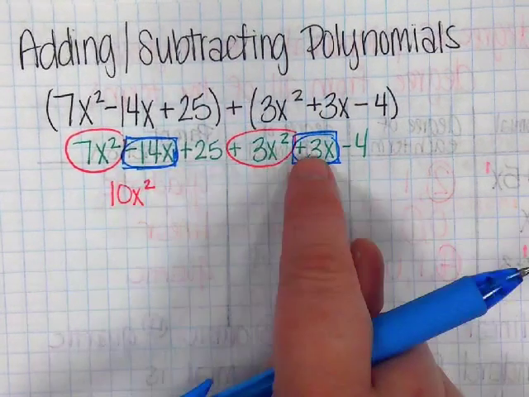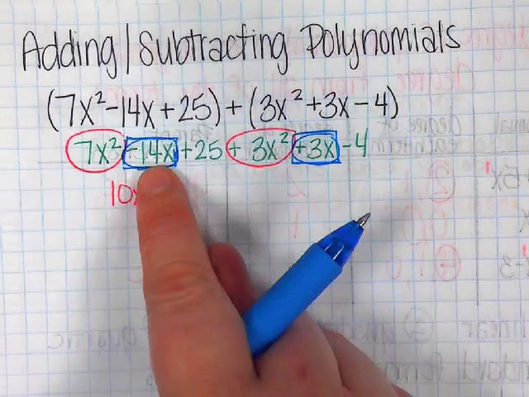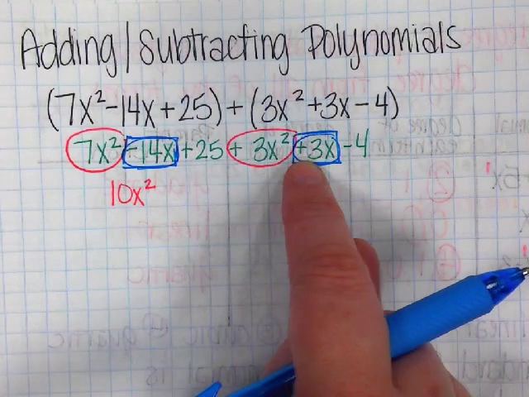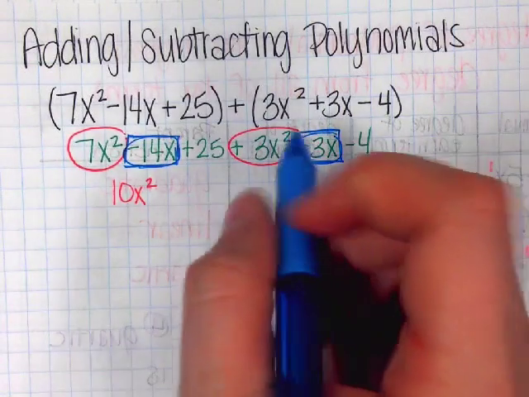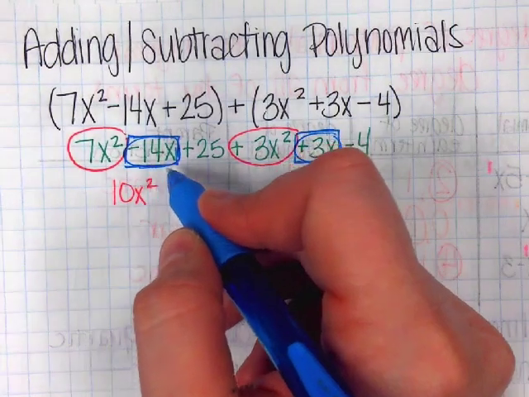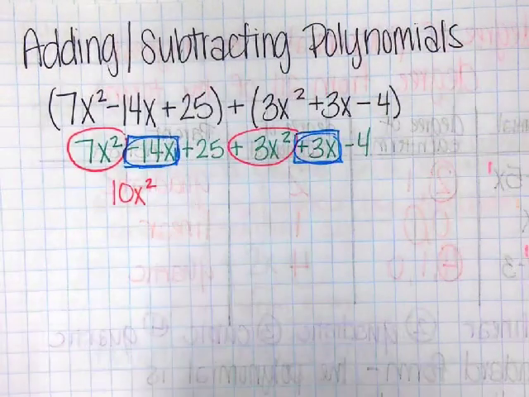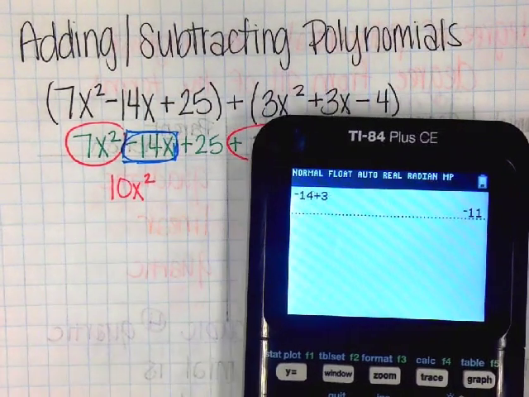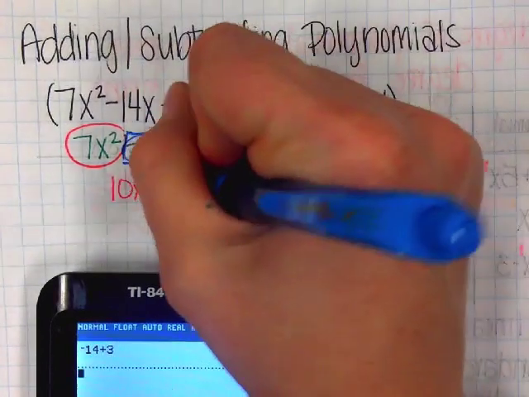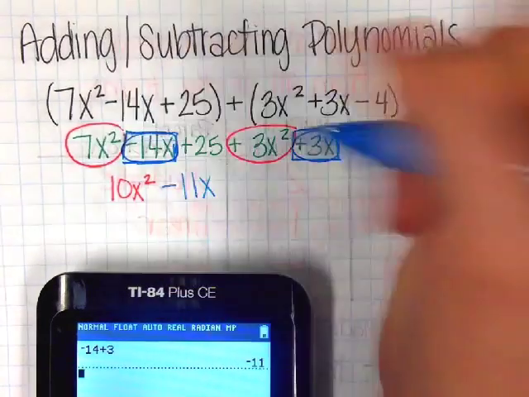So it would be negative 14 plus 3. If you're unsure, type it in your calculator. So negative 14 plus 3 is negative 11. So negative 11x.